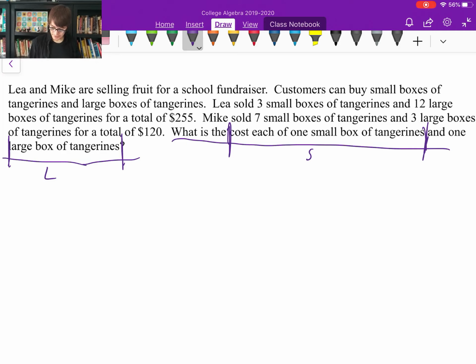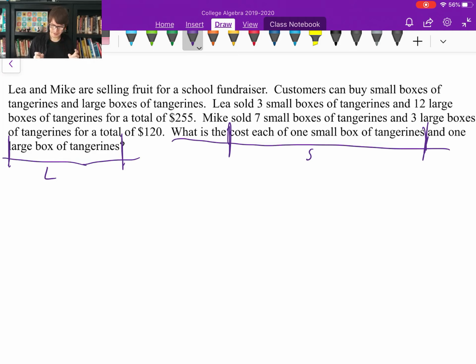Okay. So it says customers can buy small boxes of tangerines and large boxes of tangerines. Leia sold 3 small boxes of tangerines and 12 large boxes of tangerines for a total of $255. Okay, so let's see what that's saying then.